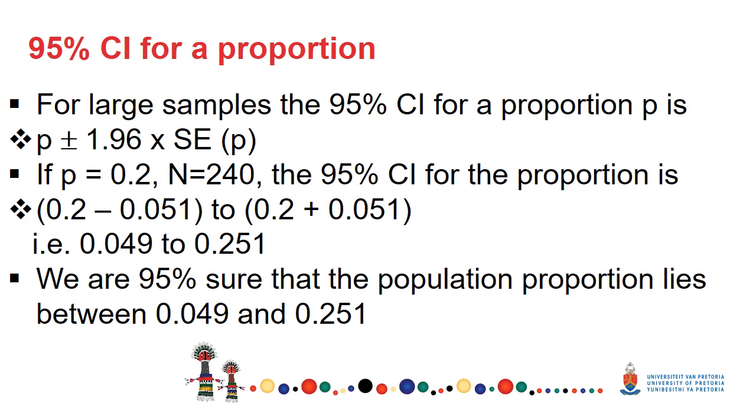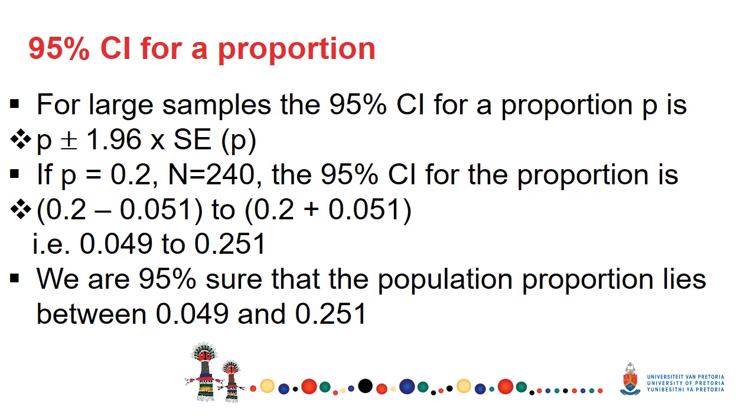The 95% confidence interval for a proportion, if your sample size is large, let's say 100 or more, is given by the formula P plus or minus 1.96 times the standard error of P. If P is equal to 0.2 and N is equal to 240, the 95% confidence interval for the proportion is 0.2 minus 0.051 to 0.2 plus 0.051.